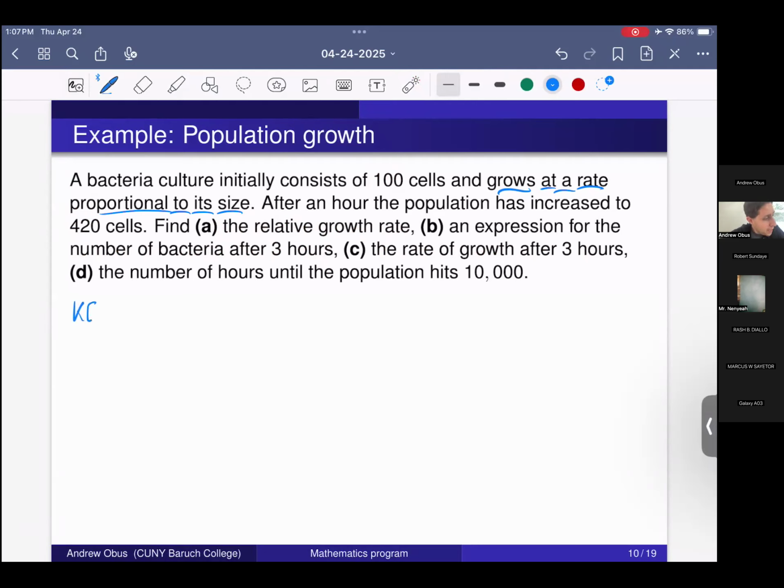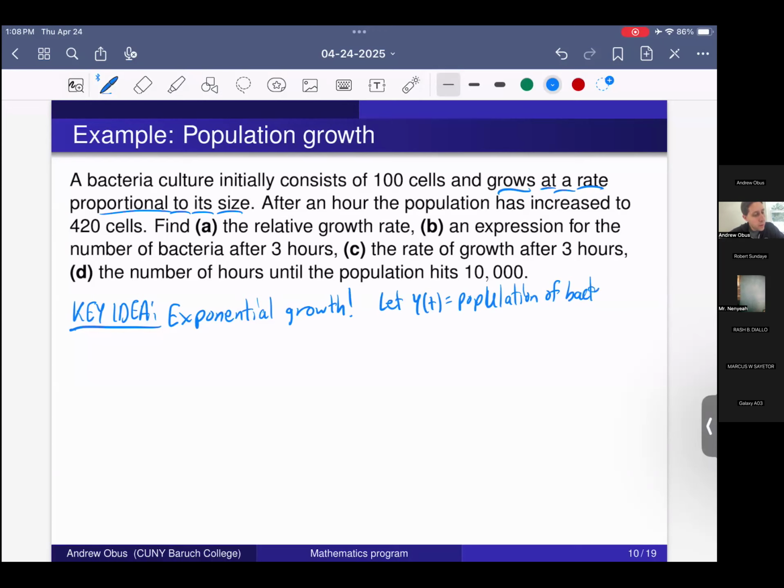And so the key idea is that we know that when you grow at a rate proportional to its size, that means that what we have is exponential growth. Which means we have this formula from before. Let y of t be equal to the population of bacteria after t hours.